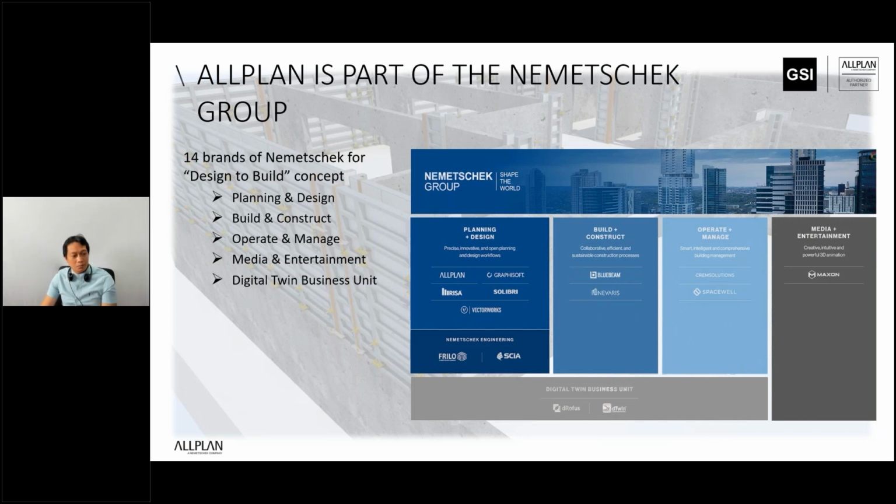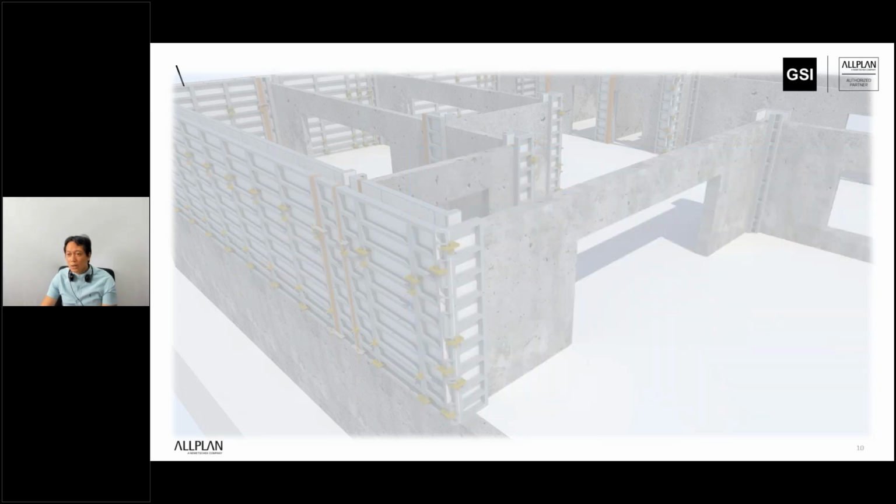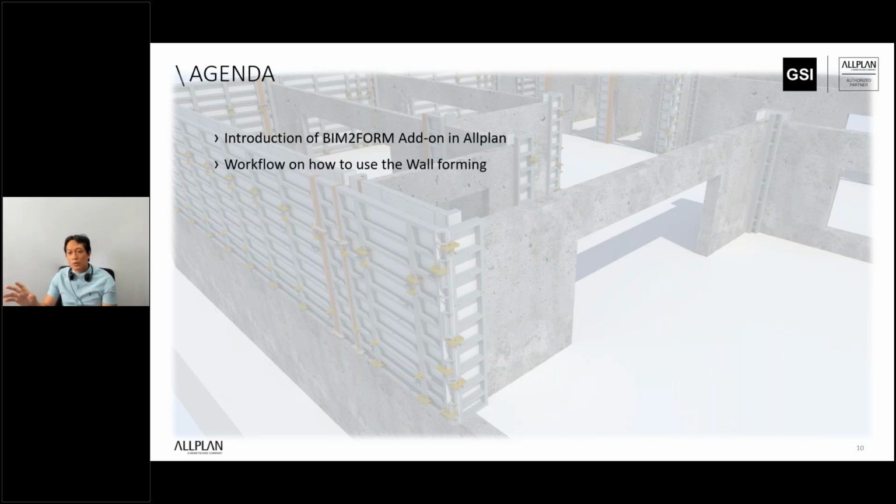Then moving on to our main topic, formwork. We will be covering the introduction of the BIM to Form add-on in Allplan. This is a new feature in Allplan. Then I will show you the workflow on how to use wall forming, which is also the BIM to Form icon. This will be shown in the demo.